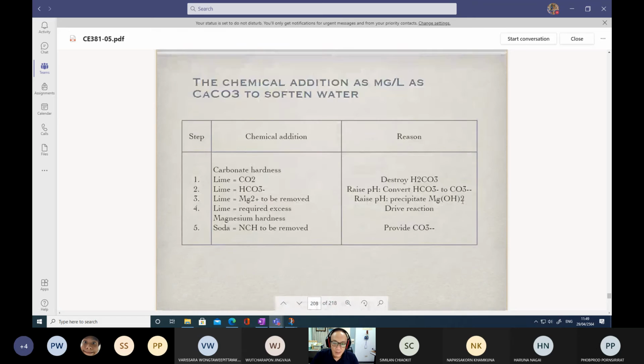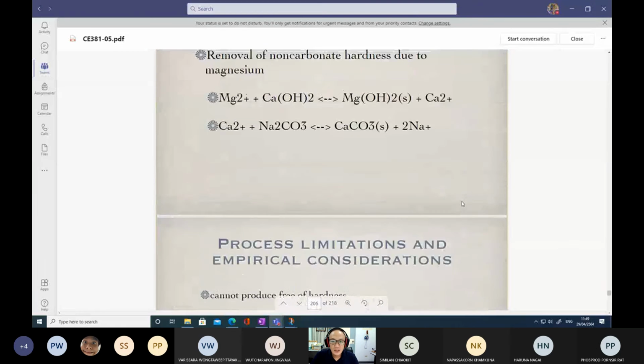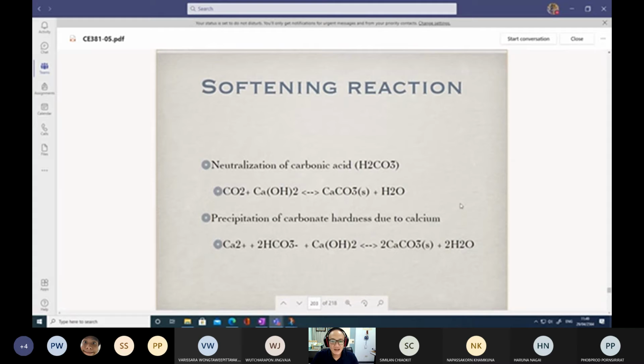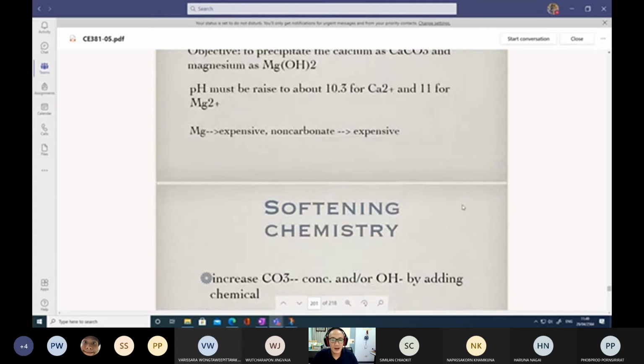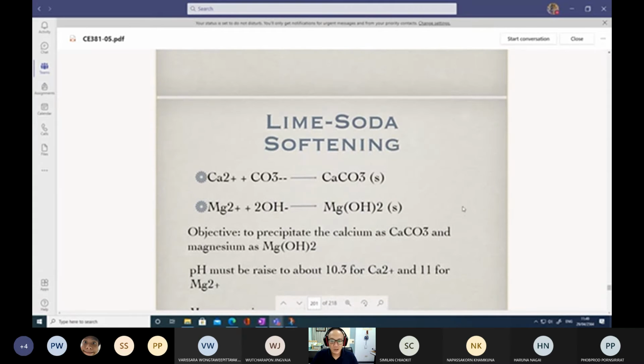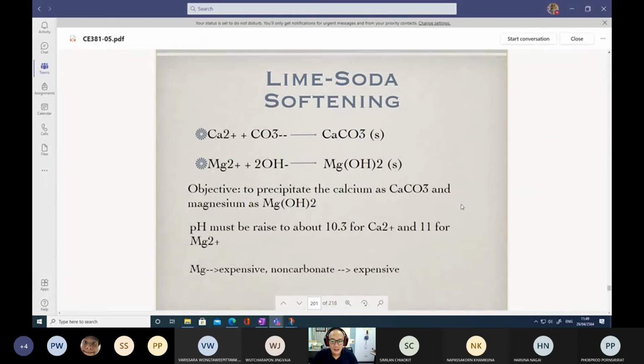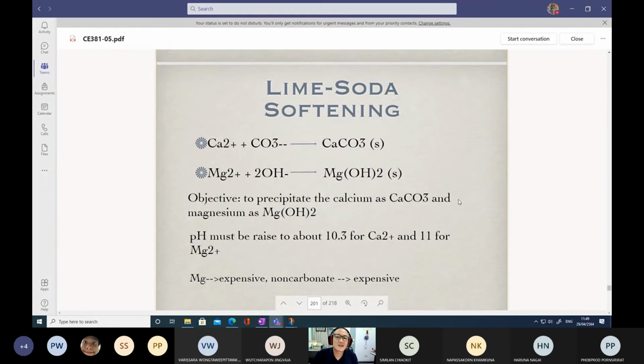And now we come back to the conventional method. The conventional method that we use to remove the hardness is lime soda softening. Lime soda softening is a series of chemical reactions showing how we can remove calcium and magnesium.